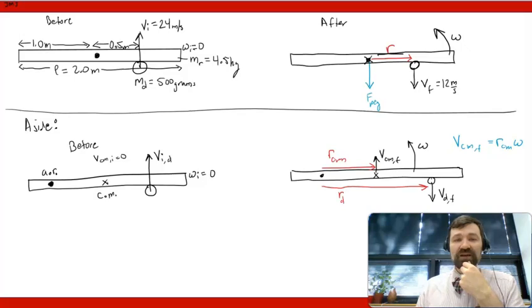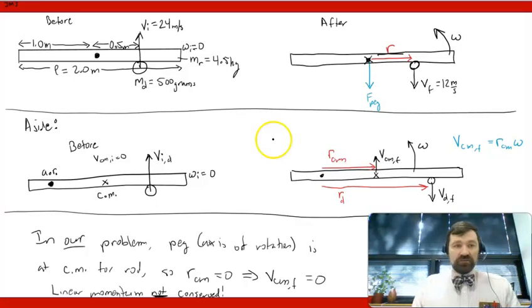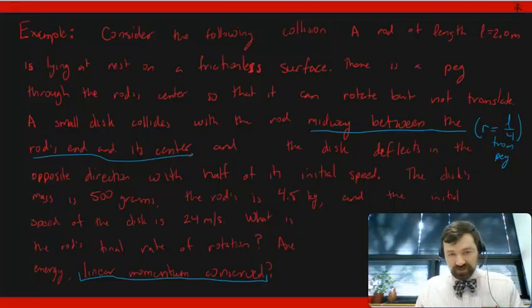However, in the case that we actually have, v center of mass is 0, because r center of mass, the equivalent of this r center of mass term, is 0 since the center of mass and the axis of rotation coincide. This means that we have basically answered one of the problems posed here. So now that we've done that, we can go to actually solving for the final angular speed.